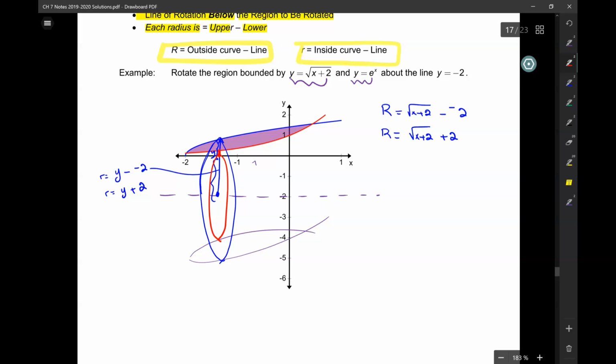This distance here from the x-axis to the graph is e to the x. So for the little radius, we're going to do e to the x minus negative 2. So now think about it, distance-wise, this is e to the x plus 2. Does that make sense? Distance-wise, e to the x plus a distance of 2. Yes, it does make sense.